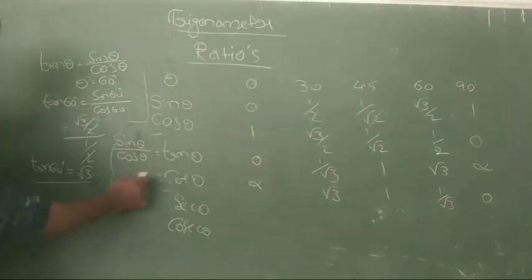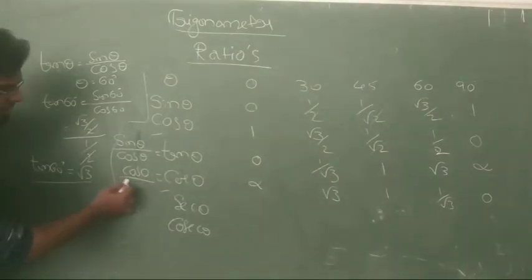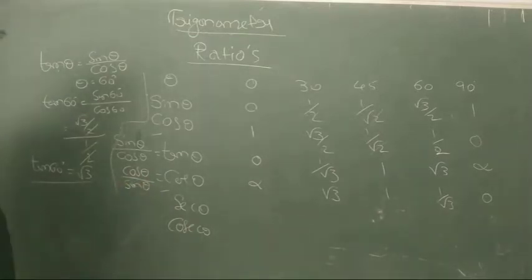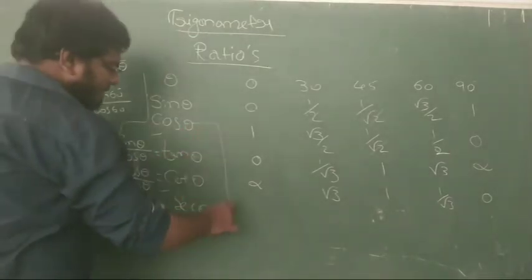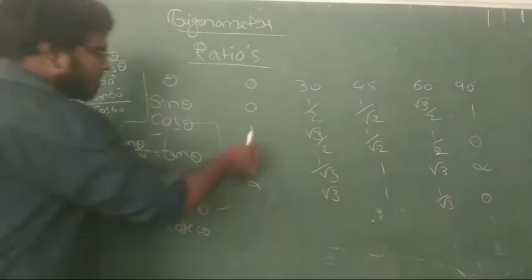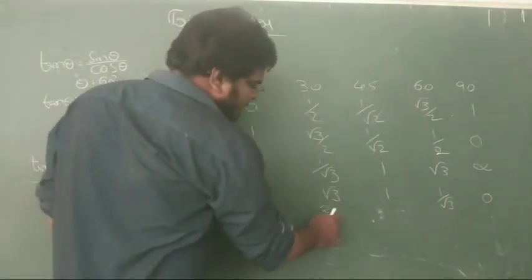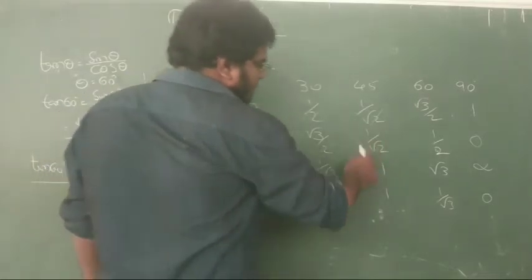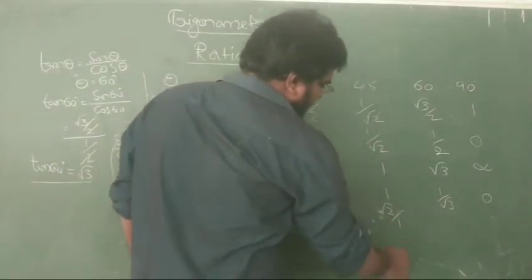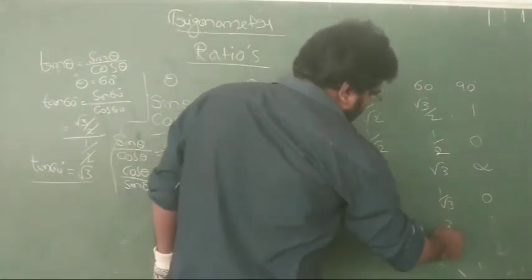And we know the formula, cot theta is cos theta by sin theta. Okay? Cos theta by sin theta. The next, this one is a reciprocal. 1 by 1, sec theta: 2 by root 3, root 2 by 1, 2.